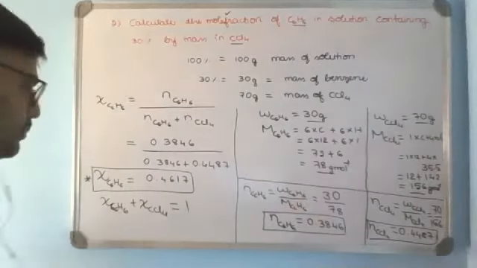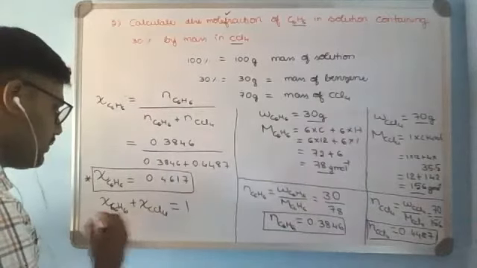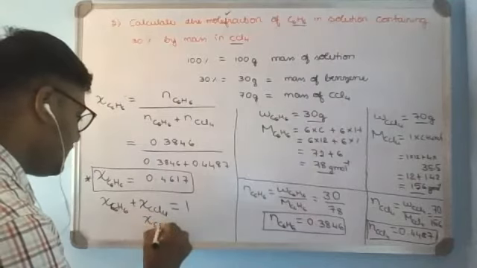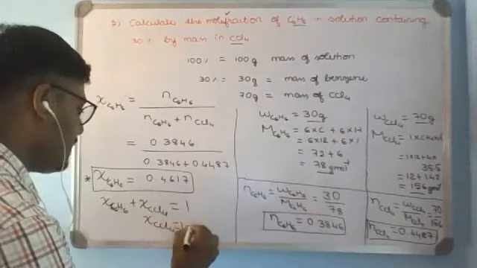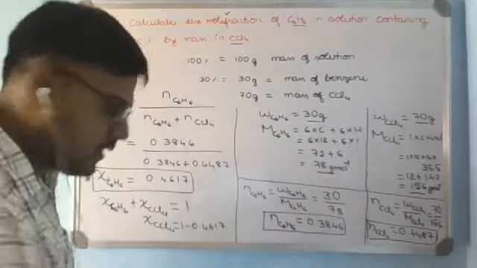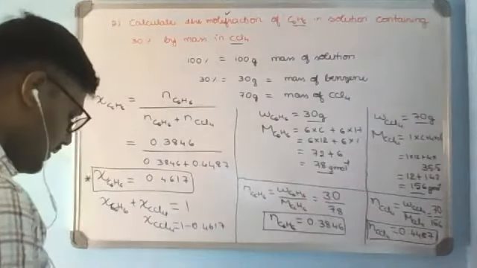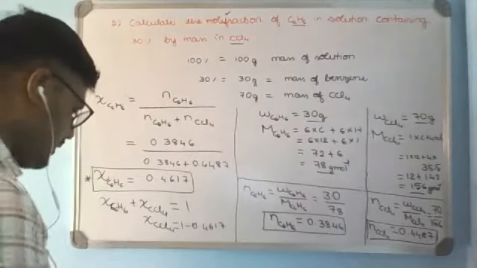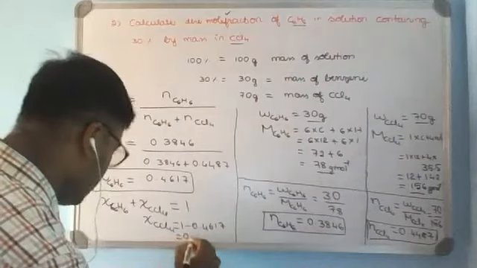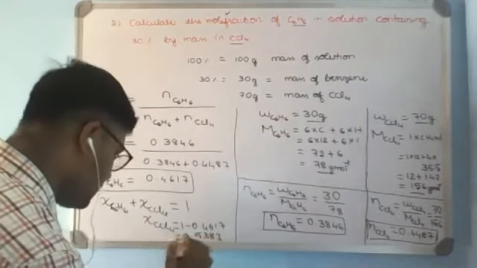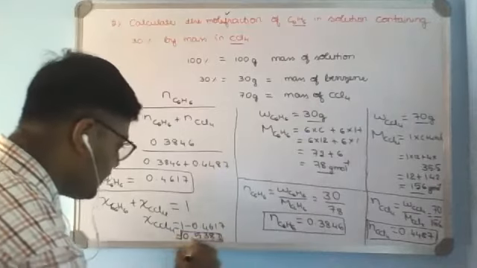The sum of the mole fractions of the components will always be equal to 1 in any solution. So the mole fraction of CCl4 will be 1 minus 0.4617, which is equal to 0.5383.